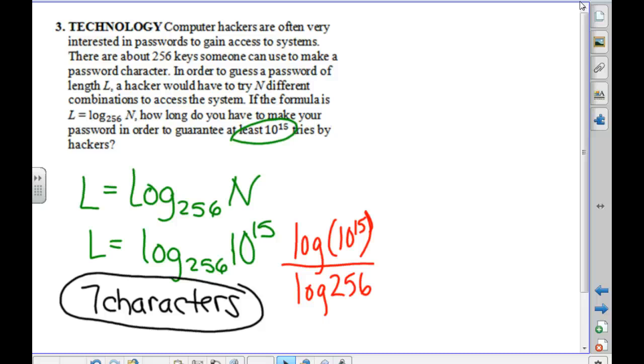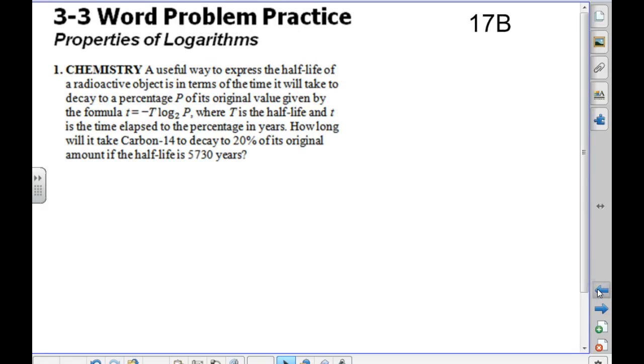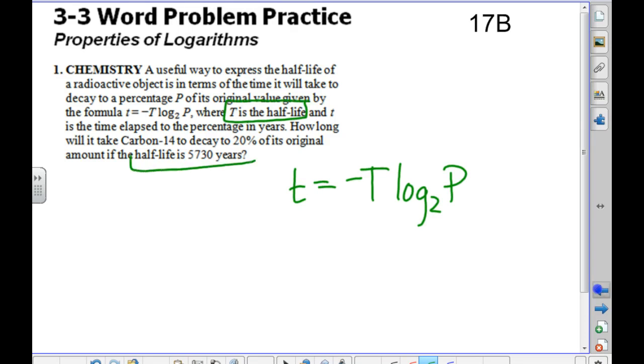This one, they give you a weird formula. It's not really a half-life question, it's using a formula. It's the reverse of a half-life question that I would have written. It says T is the half-life, and down here it says the half-life is this.